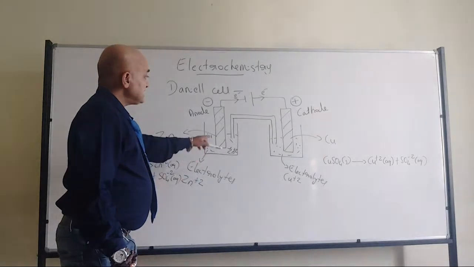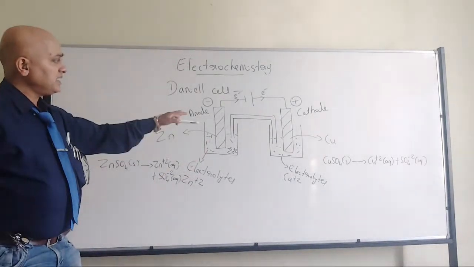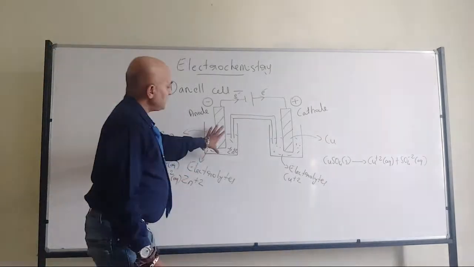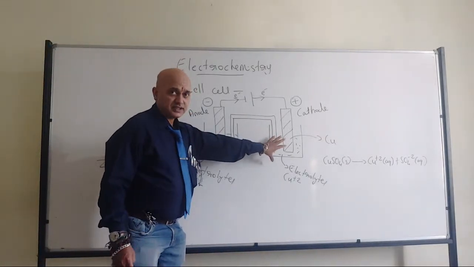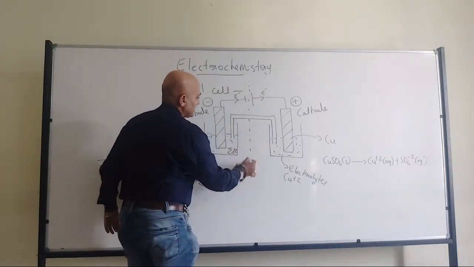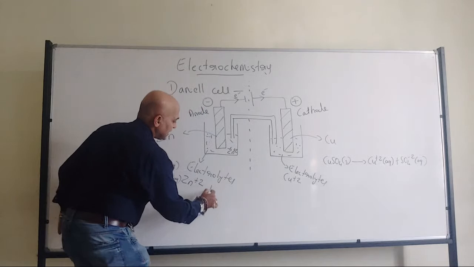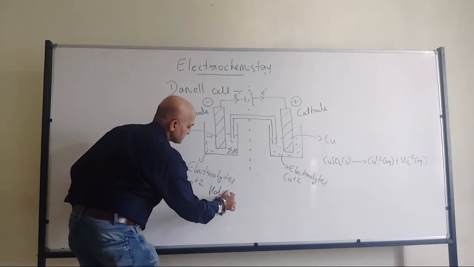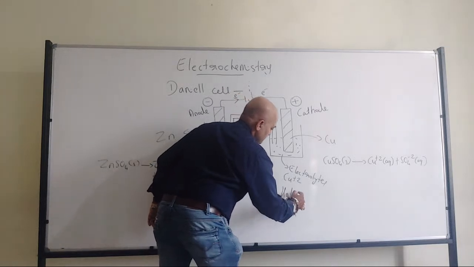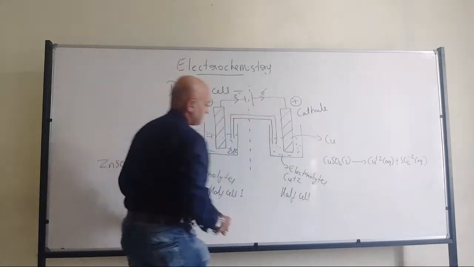Now, in this particular condition, we have two half cells, one half cell, another half cell. So if I divide this with an imaginary line, I will consider this one as half cell 1, that is anode half cell, and this will be cathode half cell.